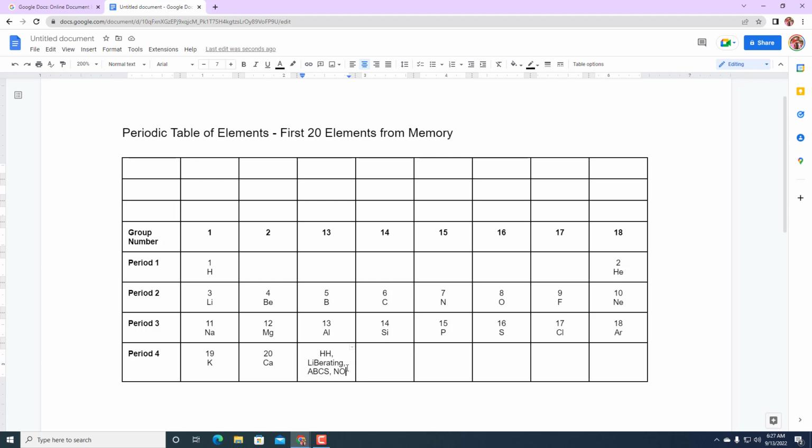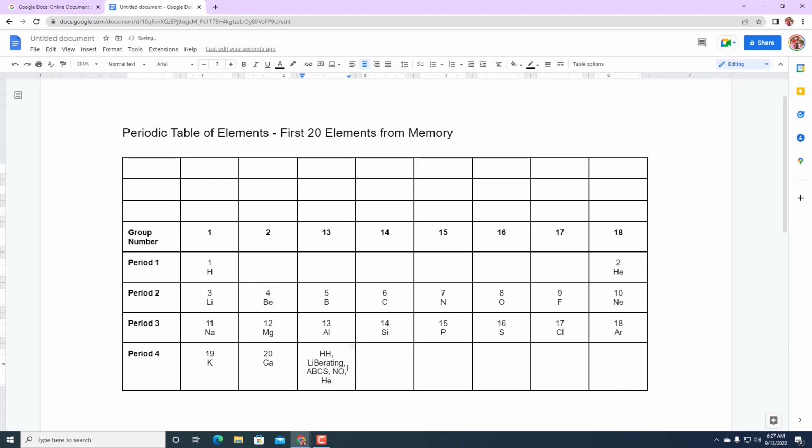Also, I know this is not really grammatical, but He, Ne, Ar. Looking at the elements in group 18, which we'll learn later are the noble gases: He, Ne, Ar. And then I also think about, I'm a runner, I like doing marathons, so someone who runs, you want to drink a lot of water before the race and make sure you're peeing clear.